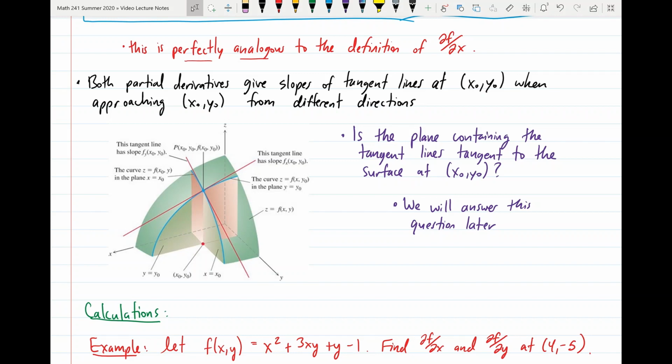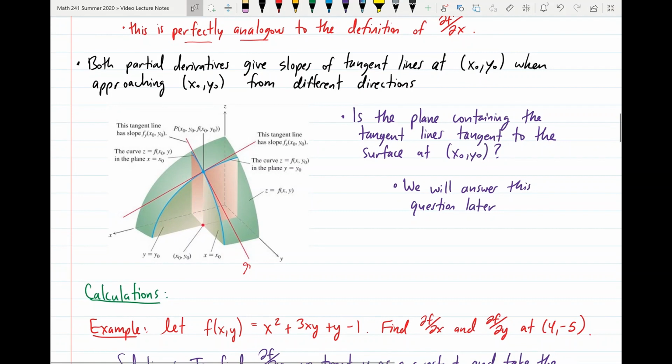So if you look down in the diagram here, the tangent line that's going more from left to right, that's the tangent line corresponding to the partial derivative with respect to x. And then the other tangent line, this one here, this is the tangent line corresponding to the partial derivative with respect to y. And so using the different partial derivatives, we get different tangent lines, and the partial derivatives will give us the slopes of those different tangent lines.